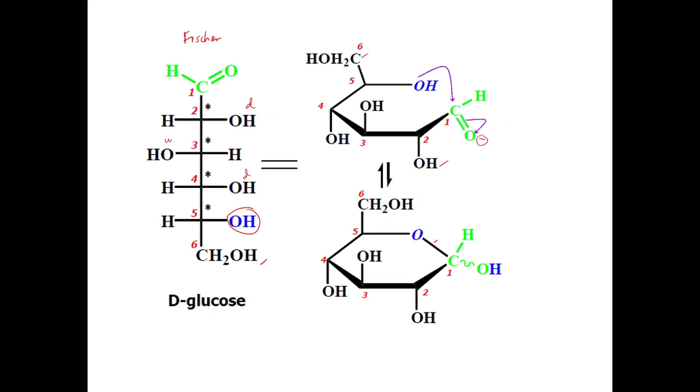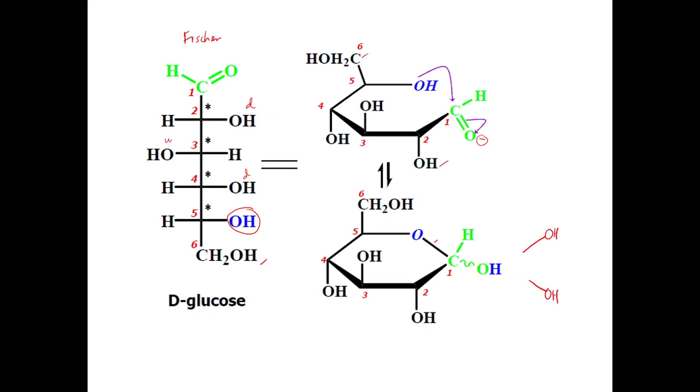Okay? So, bakit squiggly? Yun yung process. Bakit naging squiggly line ito? Kasi, yung OH dito can either be on top, kumbaga, on top of the plane siya. So, pwede siyang maging ganyan, o kaya naman ay pababa siya. Okay?